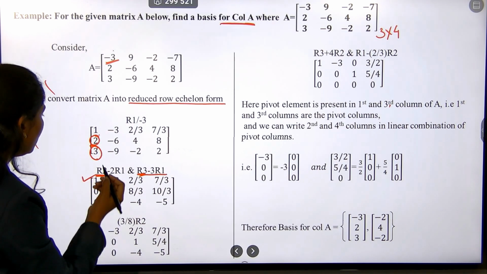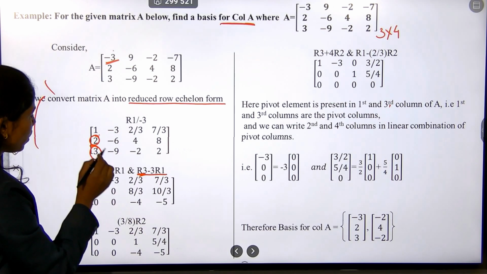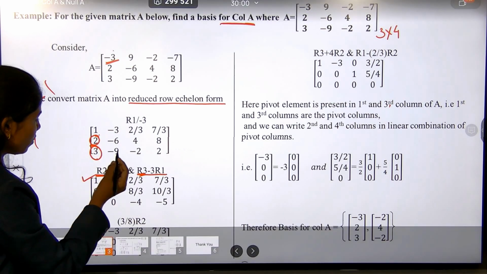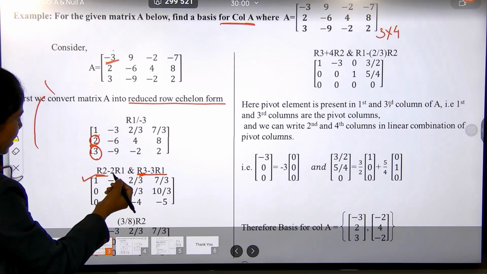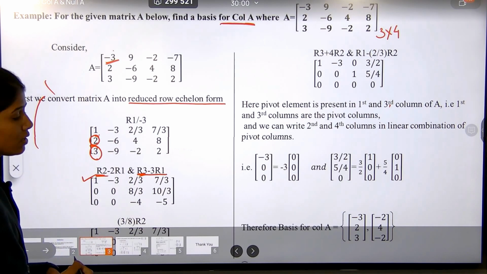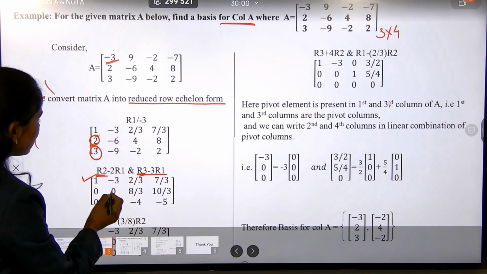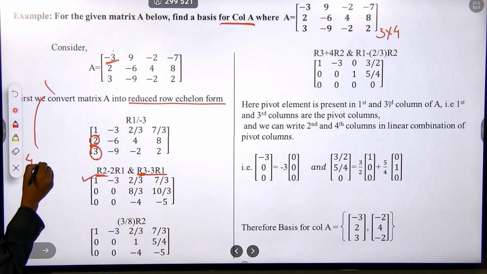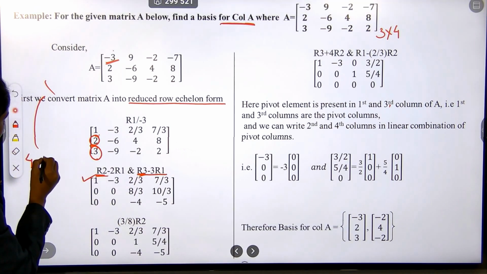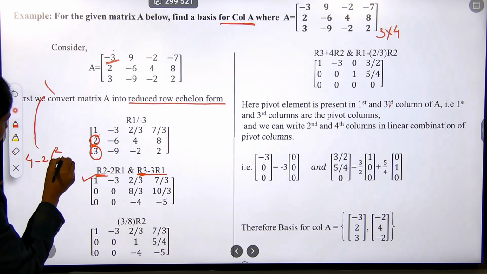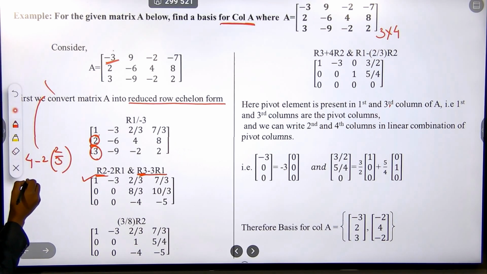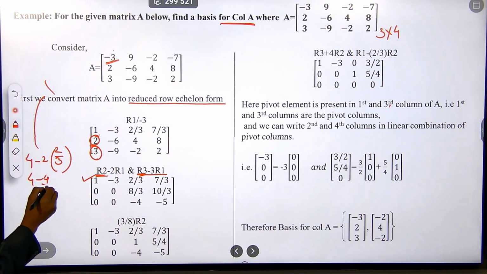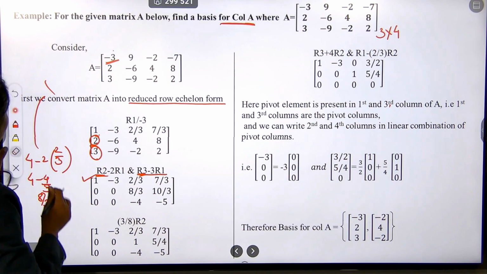So here R2 minus 2R1: 2 minus 2 is 0, minus 6, minus 2 into minus 3 is plus 6, so minus 6 plus 6 again is 0. Then 4 minus 2 into 2 by 3, so 4 minus 4 upon 3, it is 12 minus 4, that is 8 upon 3.